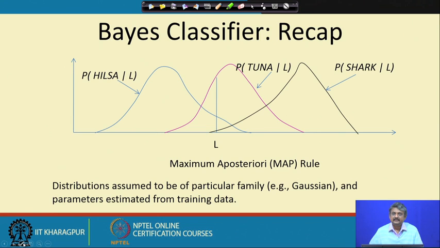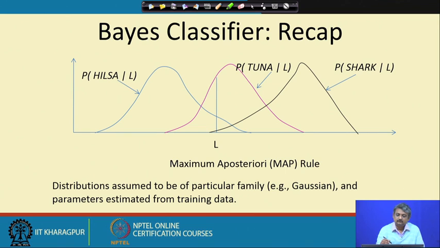So, let us quickly recapitulate what we did in the Bayes classifier. We considered the posterior distribution, given an example of a certain attribute value L, belonging to a certain class, say tuna. For each of the classes we draw the probability distributions.